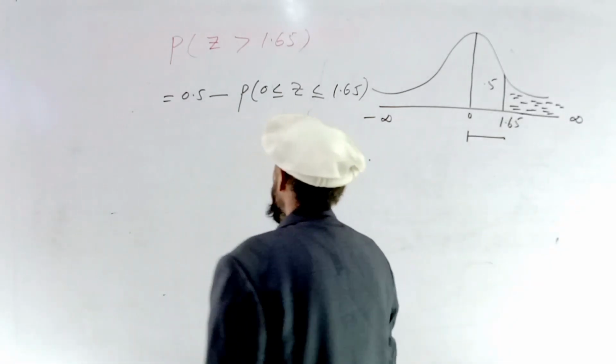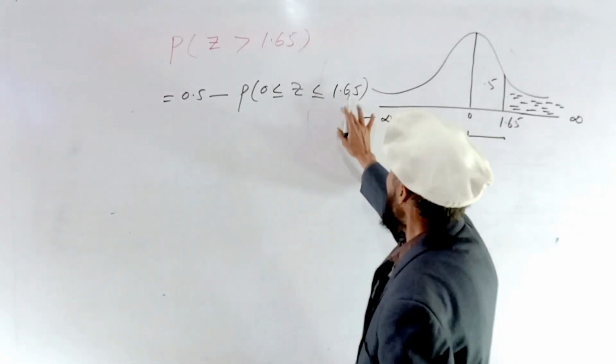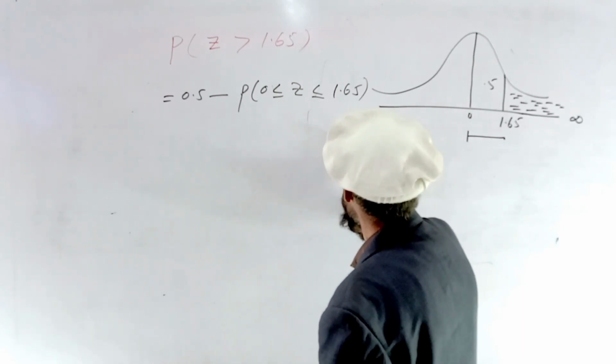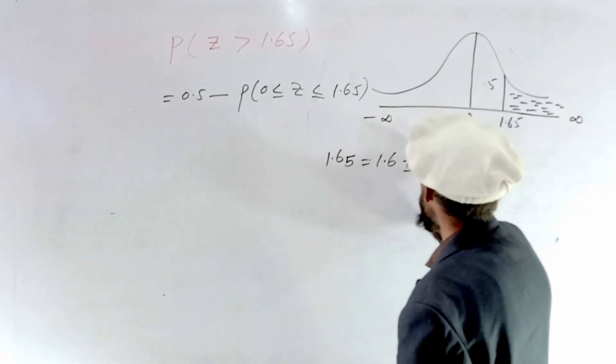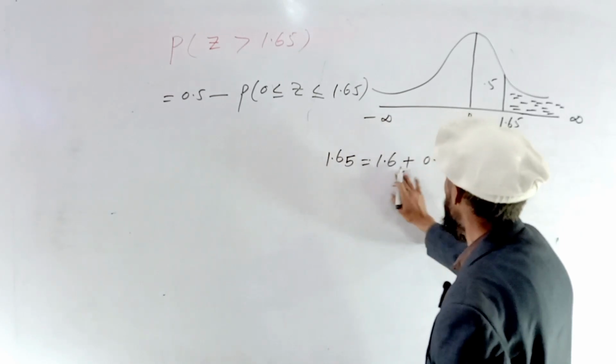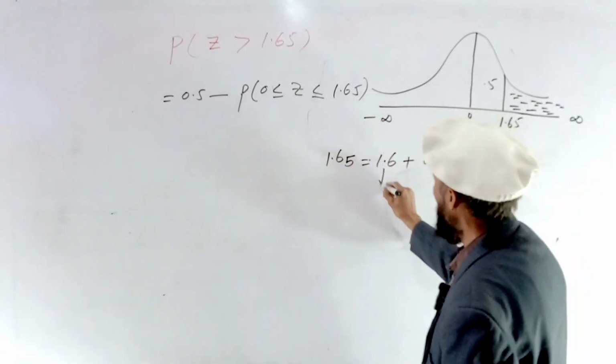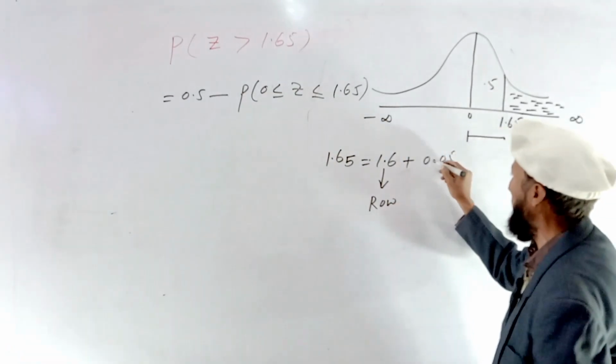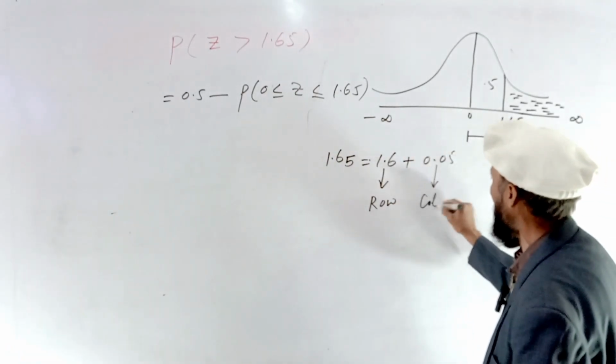Now how do we calculate this area? The same process we are using for 1.65. We can write 1.6 plus 0.05. So 1.6 is used as the row and 0.05 is used as the column.